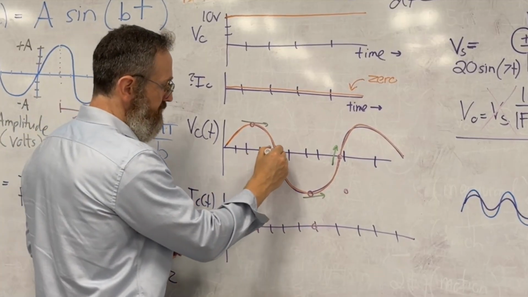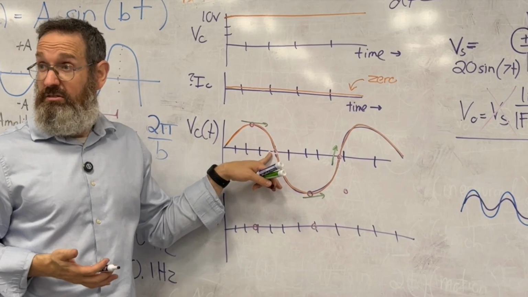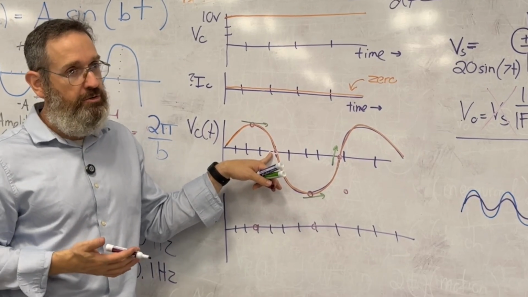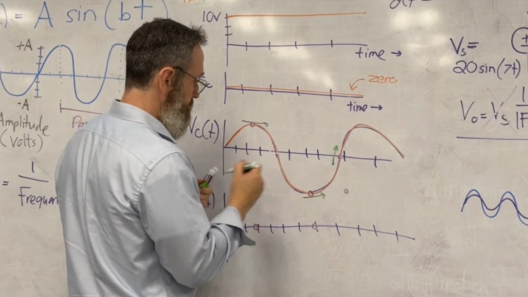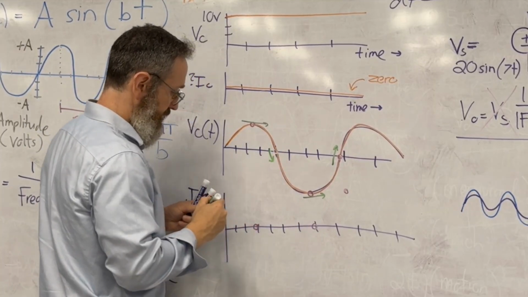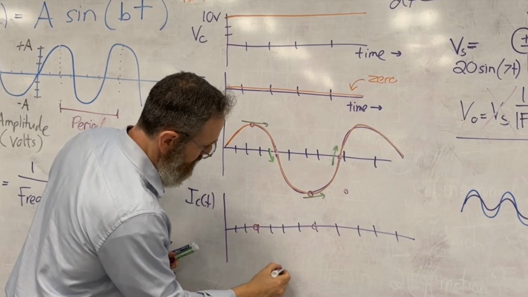And here is another interesting point, because here the voltage is again 0. So if it was a resistor, it would be 0 current, but it's not a resistor. And there's a big decrease in current here. And it turns out that I have a value here.